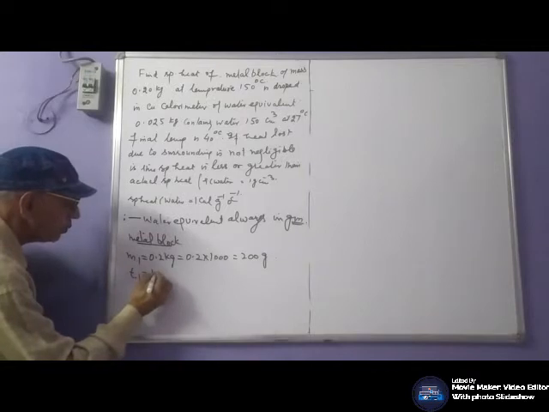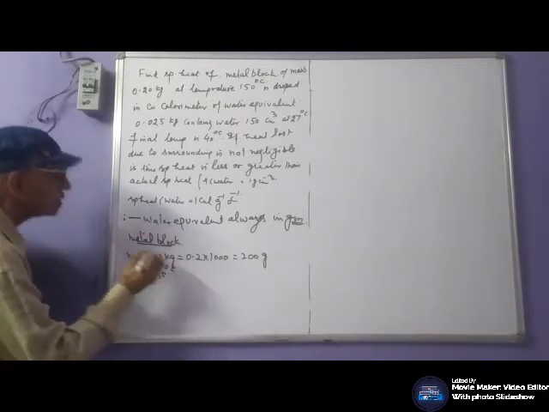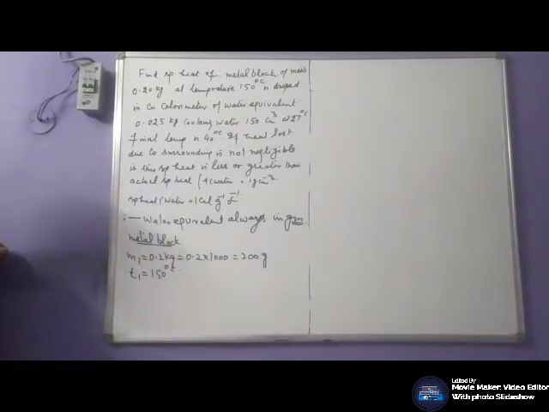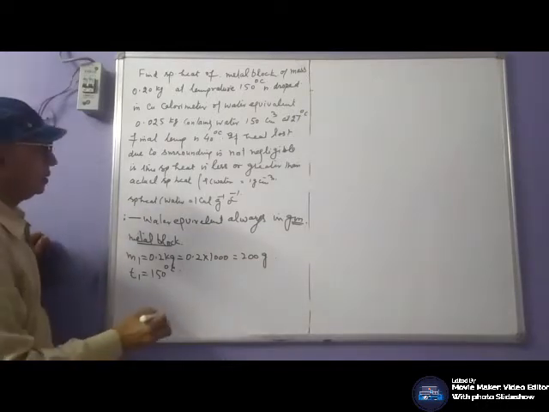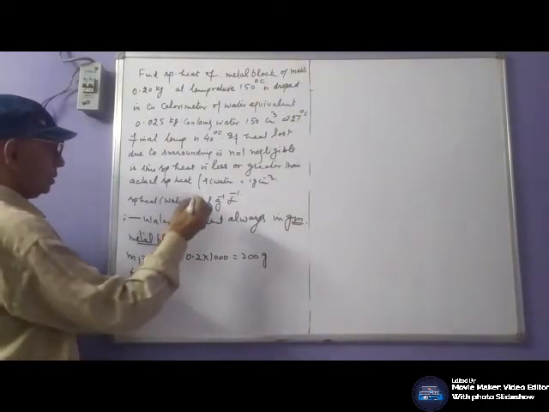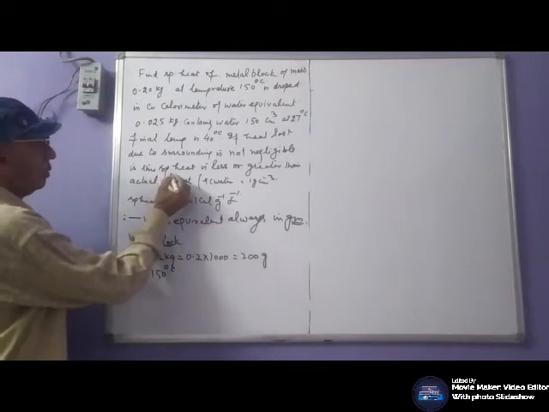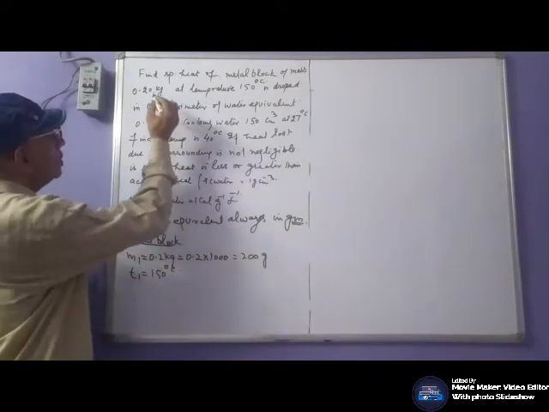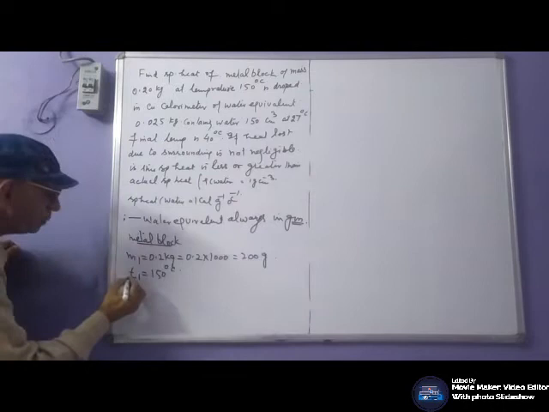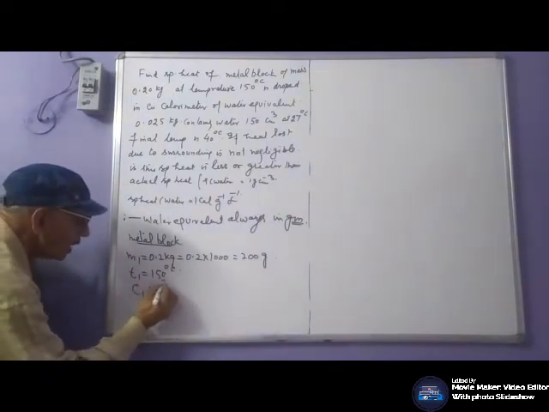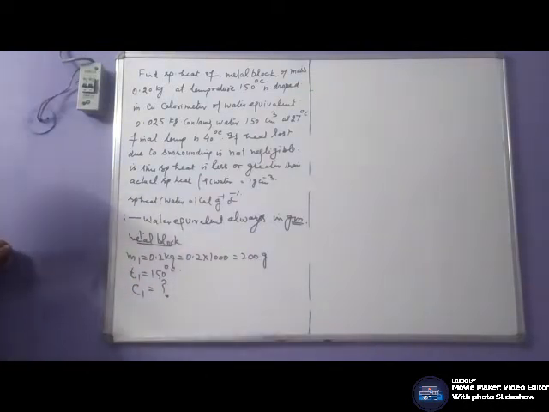T1, temperature, is 150 degrees Celsius. We have to calculate the specific heat, C1.